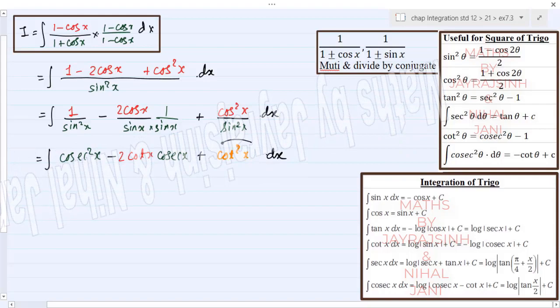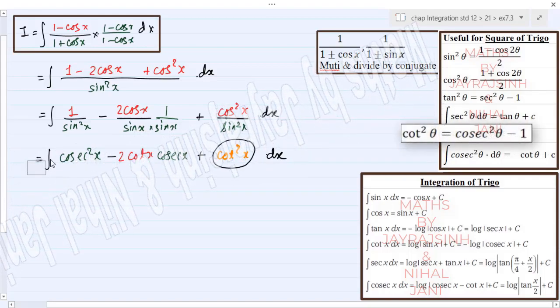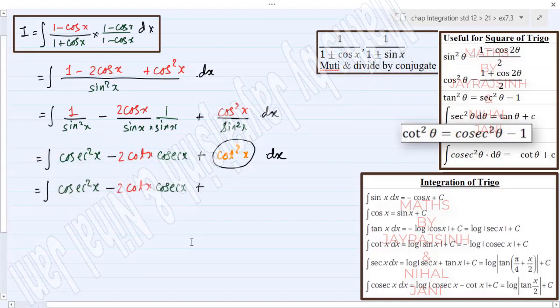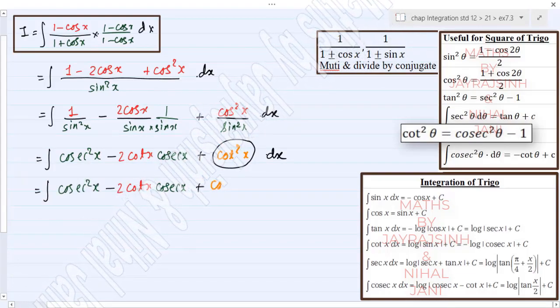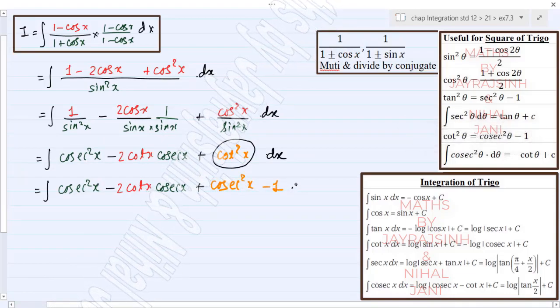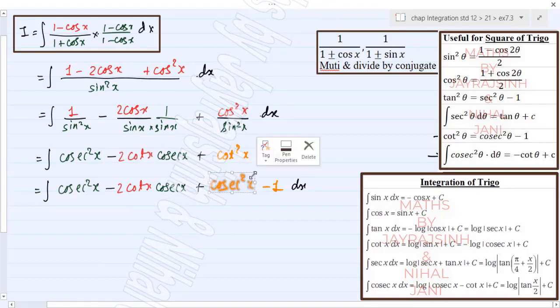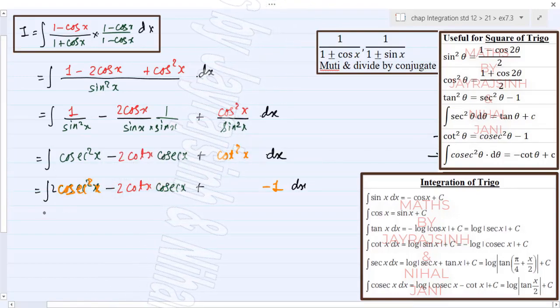Now let's simplify cot square x for integration. So we can say your first two terms will be as it is, and instead of cot square x we can write cosec square x minus 1. Cosec square x plus cosec square x combinedly become 2 times cosec square x.